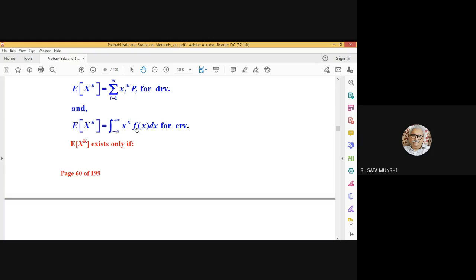So if fx is an even function, I am trying to point out what will be the nature of the symmetry property of x to the power k.